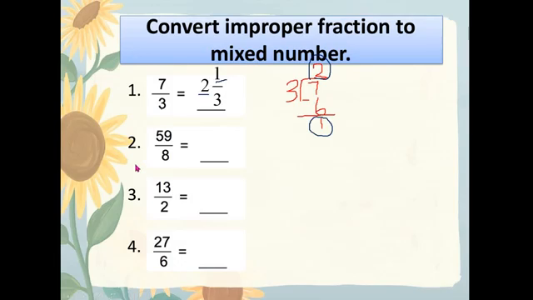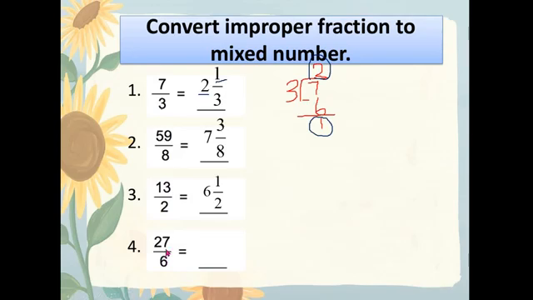Okay, do the same procedure to answer number 2. 59 over 8 changed to mixed number is 7 and 3 over 8. So number 3. Improper fraction 13 over 2 changed to mixed number, it is 6 and 1 over 2.